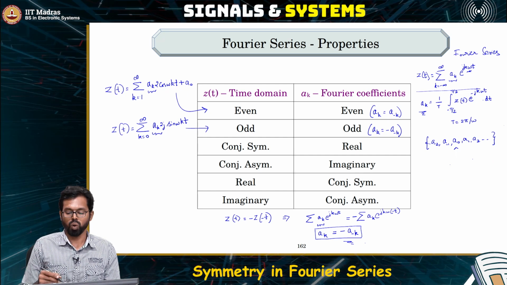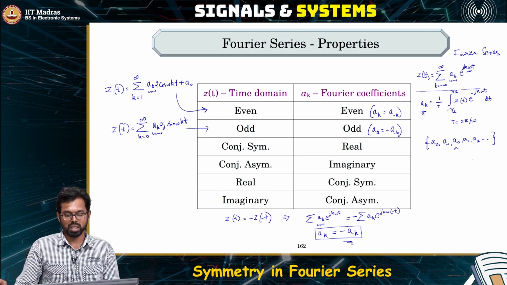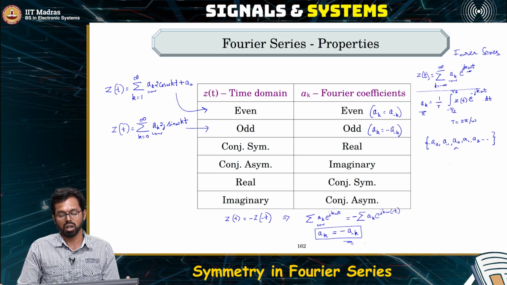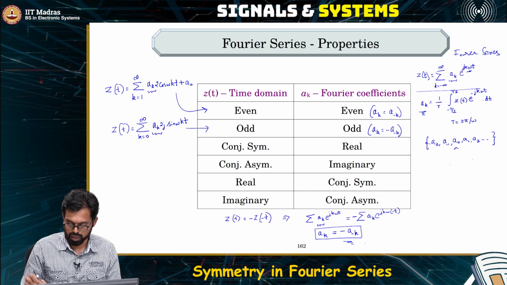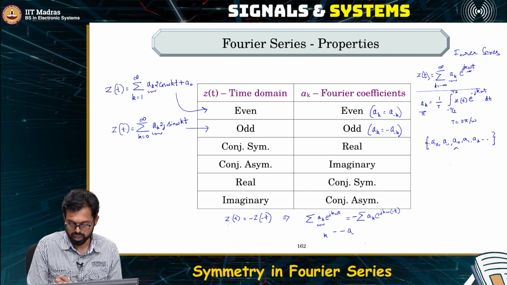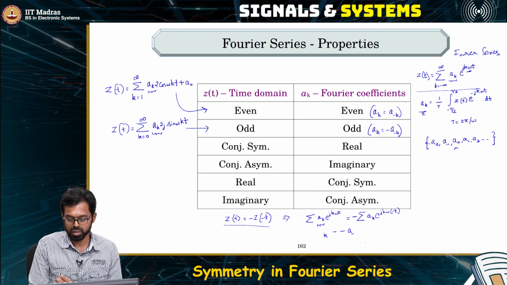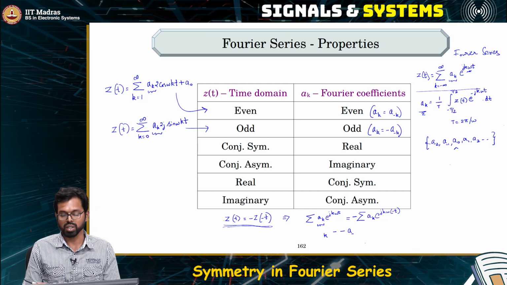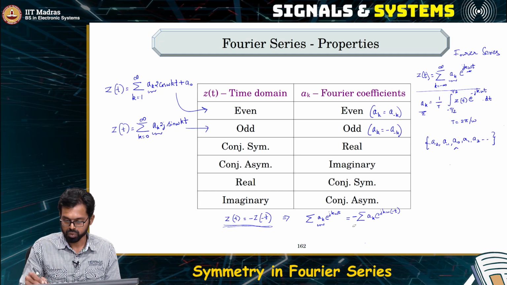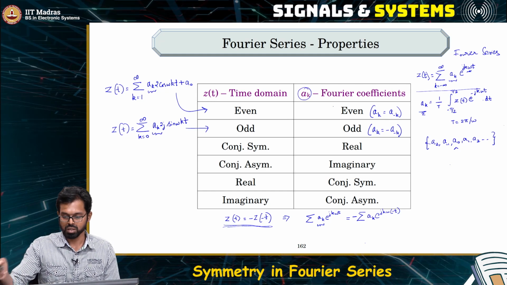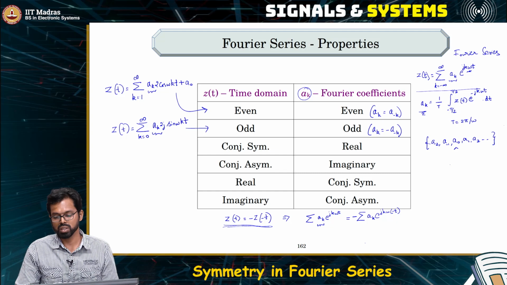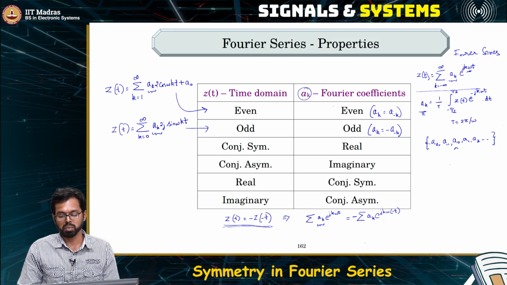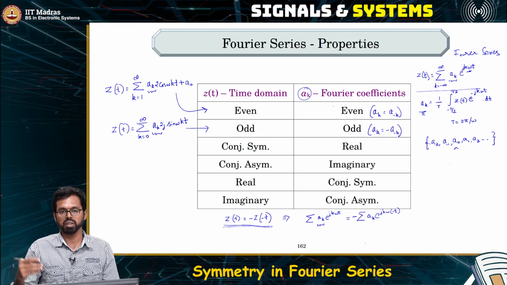So what if the time domain signal z of t is a conjugate symmetric signal? Okay, that is z of t. When we say time domain, we refer to this representation when you plot it as a function of time. Whereas what we have here we call Fourier domain or frequency domain representation, because we have nothing but the coefficients of each and every frequency component.